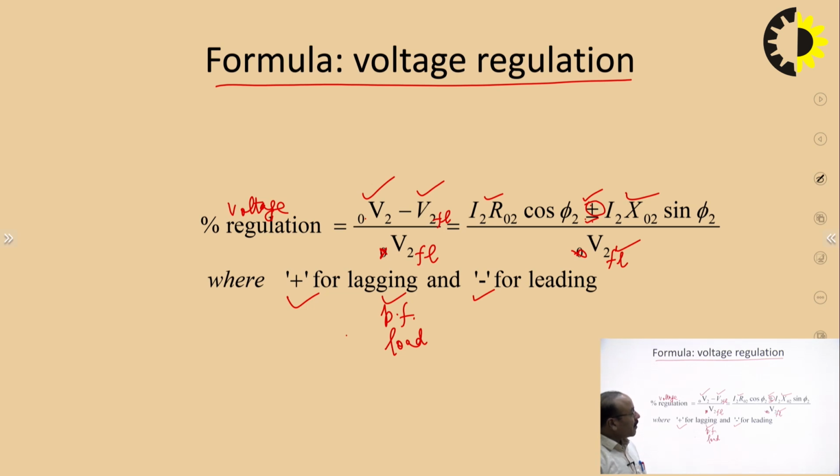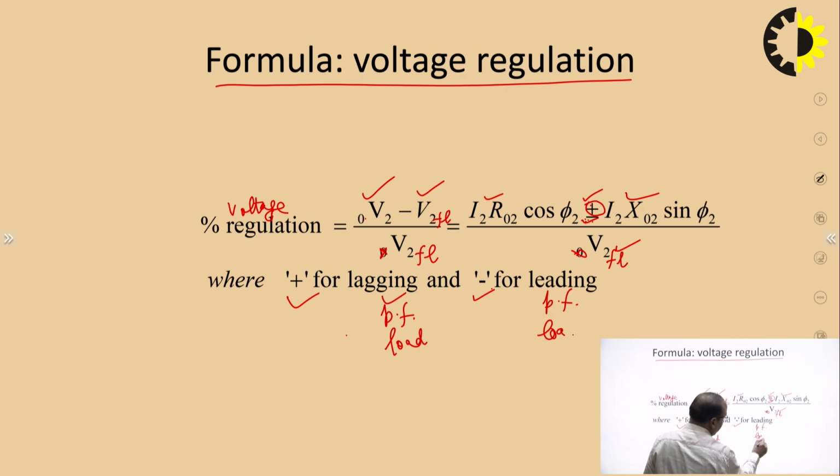But in case of a leading power factor load connected across the secondary, we have this minus sign in the formula, so the voltage regulation can be 0 or negative when a leading power factor load is connected across the secondary.